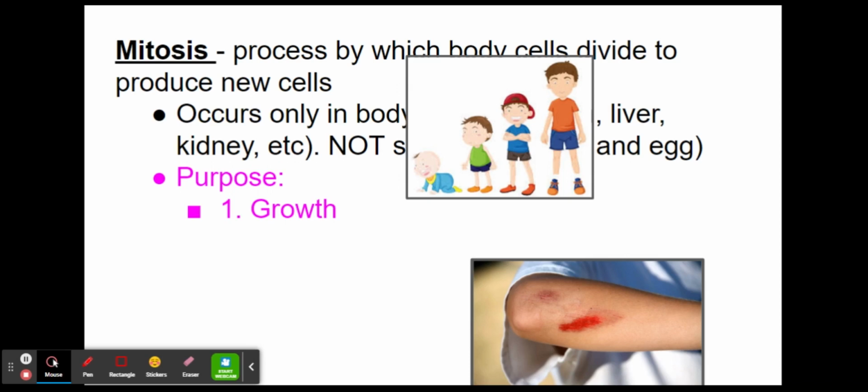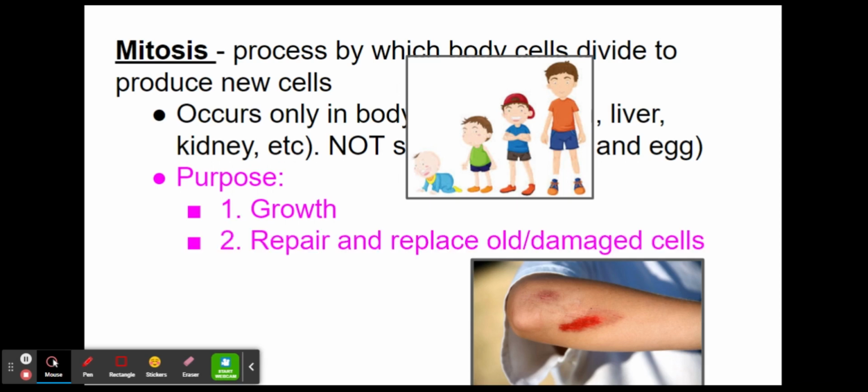So growth, in order for us to get taller or longer, we need to have more cells. One common thing people think, sometimes they think our cells just get bigger. Remember we said our cells can't get bigger. They can't move nutrients fast when they get too big. So instead, they split in half and create more cells.